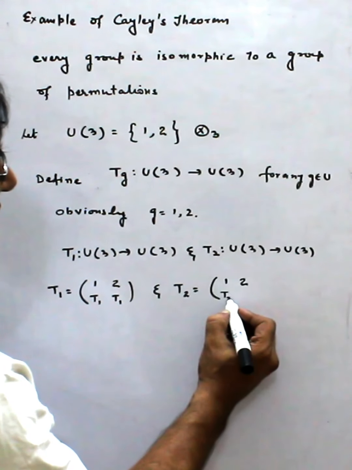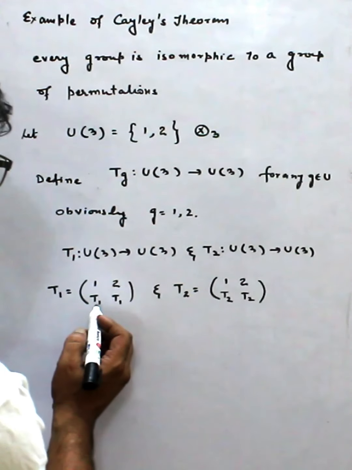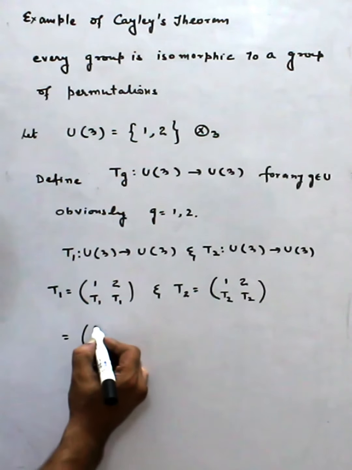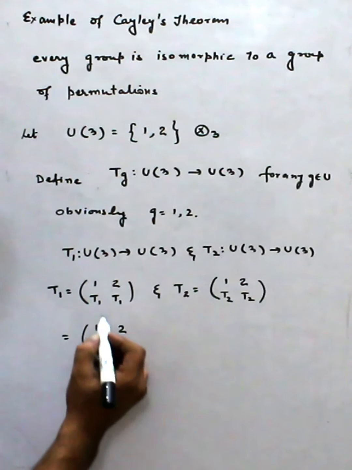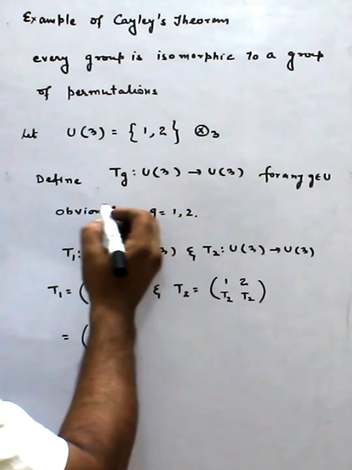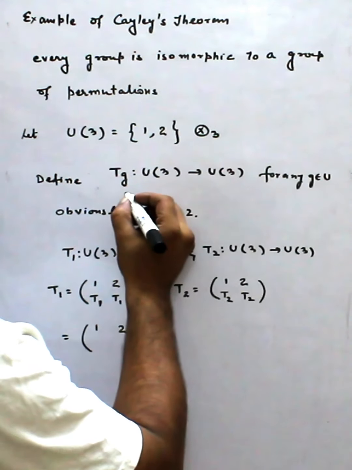So this is T2. Now what is the value of T1? This means 1 2. Now what is the definition of Tg, as we know?